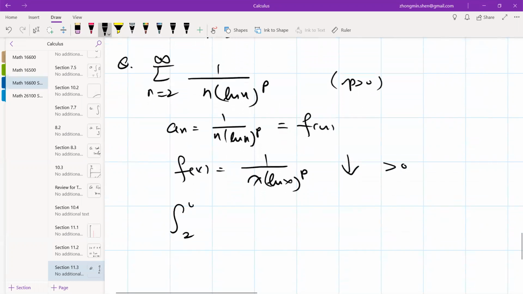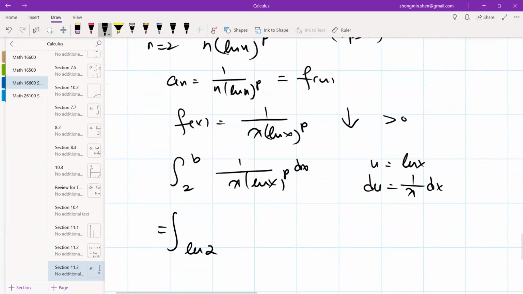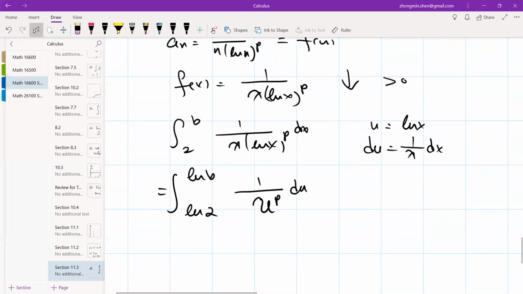Then you look at the integral of this function. Then you use the substitution, du equals 1 over x dx. So this integral becomes the integral from natural log of 2 to natural log of b of 1 over u to the p du. Okay. So now, this is the integral we saw before, right?